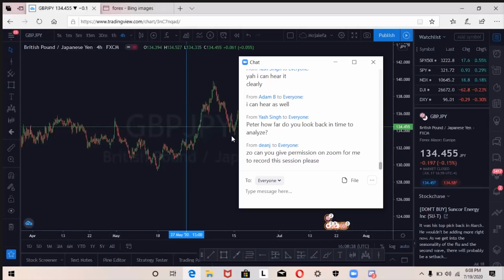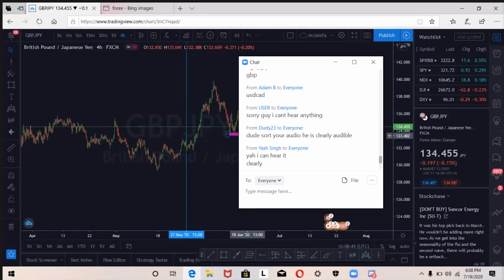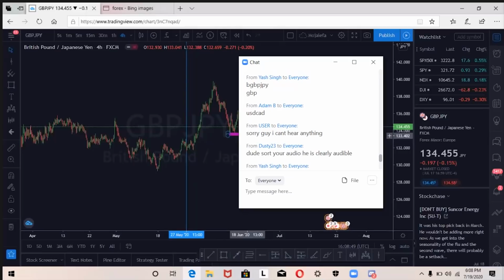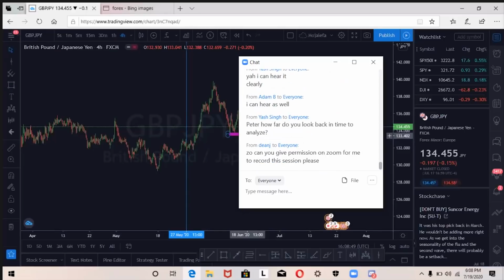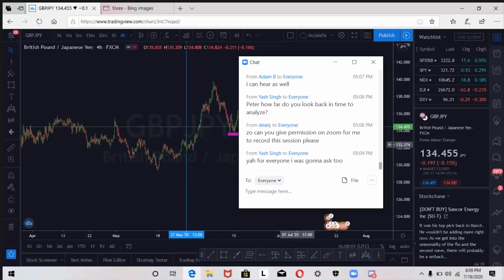Then we have another point here, which was a support for this downtrend. Then it became the resistance. So it's more like a significant zone. A significant zone is basically a zone whereby support turns into resistance and resistance turns into support. So that zone is, in short, very, very important.